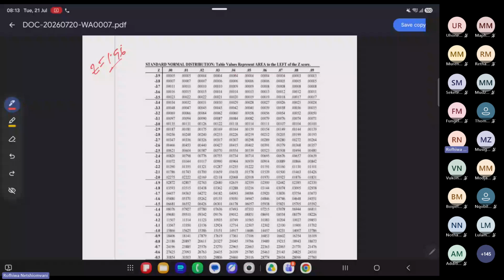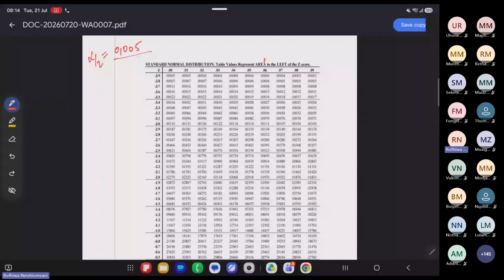So this was going to be negative 1.9, with 6 at the top. Now I'm giving you 0.025 and saying, give me the Z. Now if you go back to our example, we have alpha divided by 2 as 0.005.